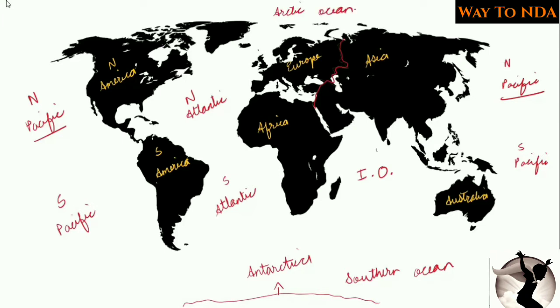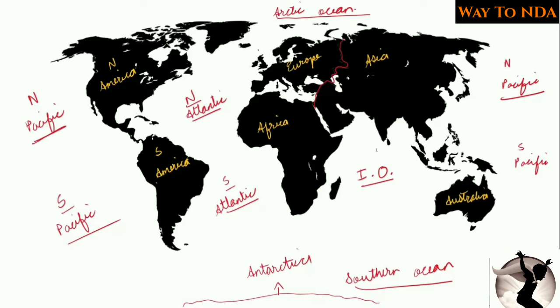So these are the major oceans of the world and their locations: North Atlantic, South Atlantic, North Pacific, South Pacific, Indian Ocean, Southern Ocean, and the Arctic Ocean. These are the important oceans of the world.